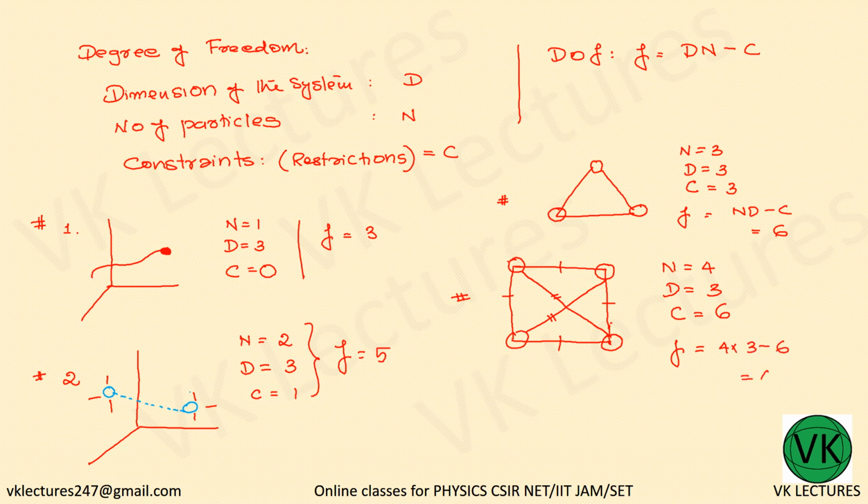So we will conclude by saying that if all the particles are connected by rigid rods in 3 dimensions, then the degree of freedom f is equal to 6.